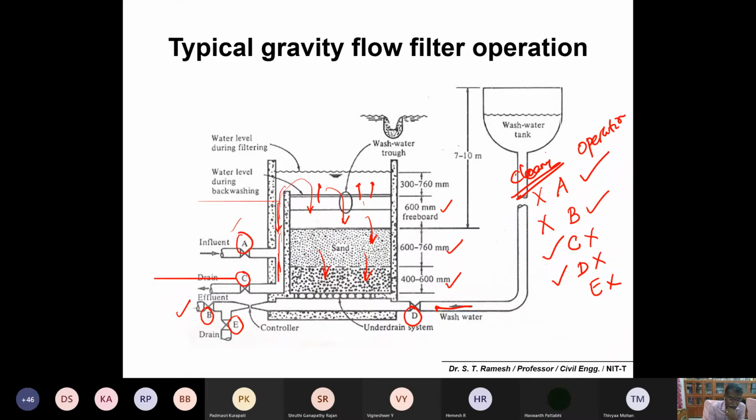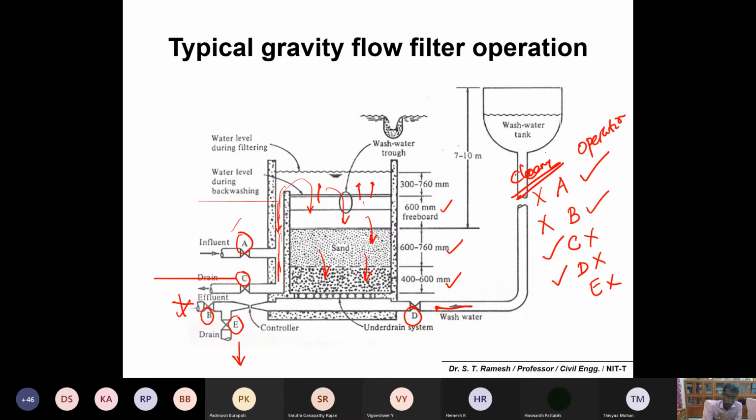So I open only the influent valve A after backwashing and allow the water to pass in, but I close the effluent valve B for some time and open the valve E. That means you have to purposely waste all the muddy water immediately after the backwashing. Is it okay?